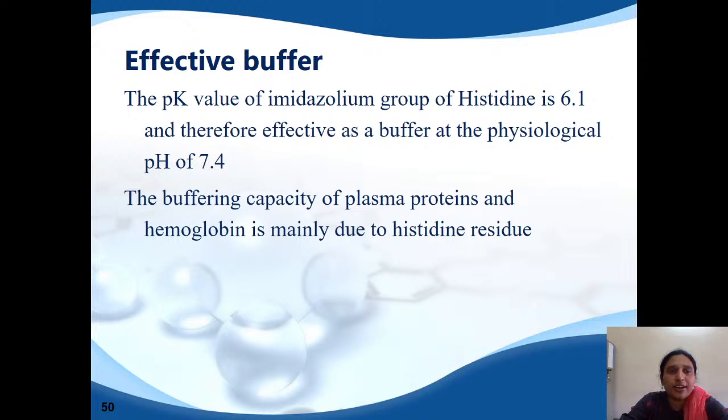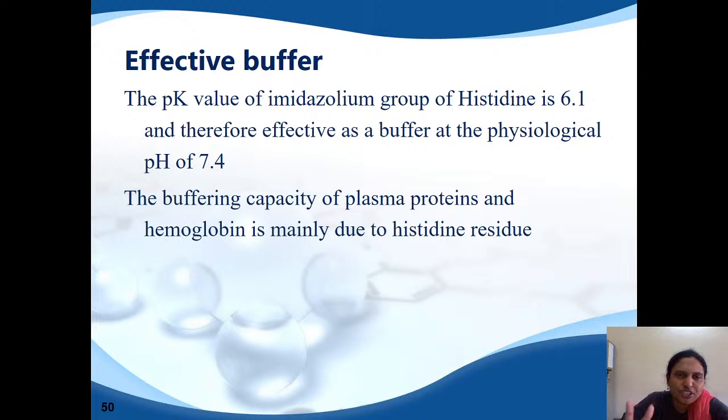And what is this pK value? As we have already learnt, amino acids have at least two ionizable groups, that is the carboxyl group and the amino group. Most amino acids are monocarboxylic. Each ionizing group has a dissociation constant, that is Ka.